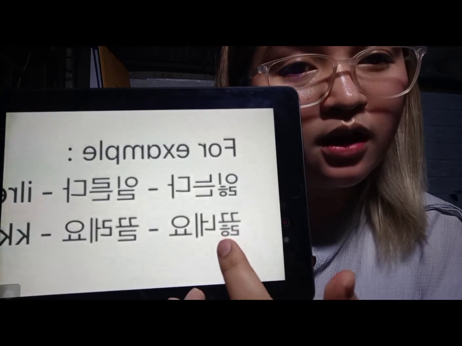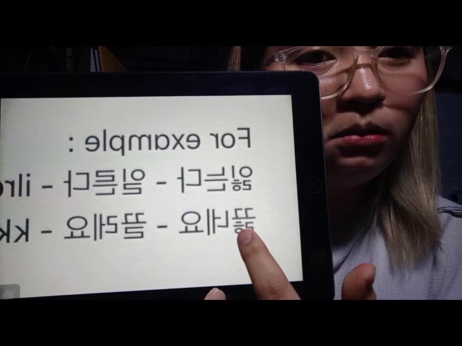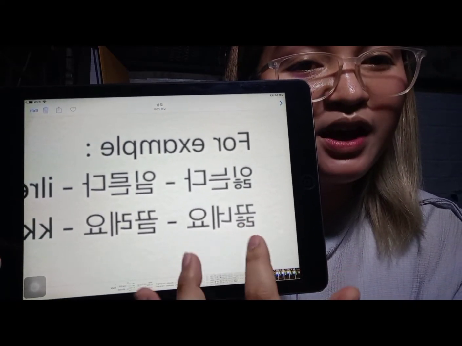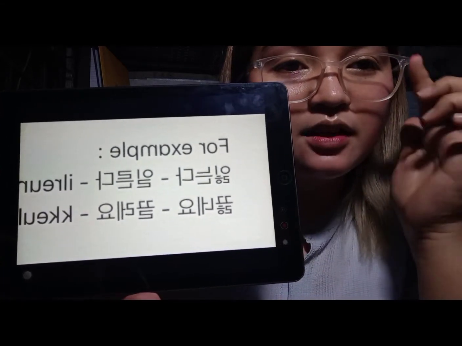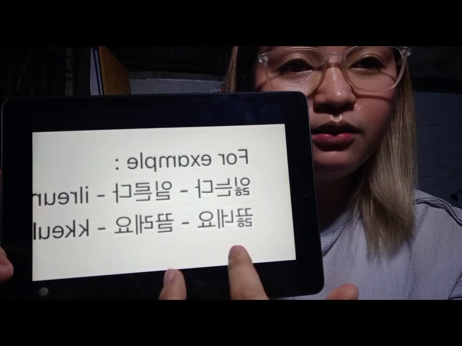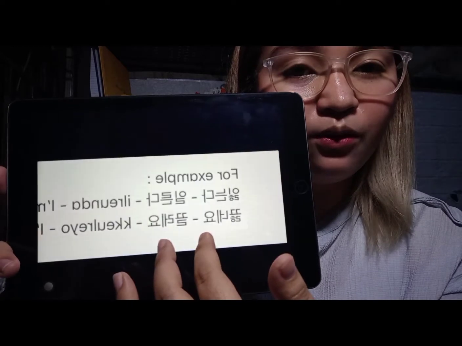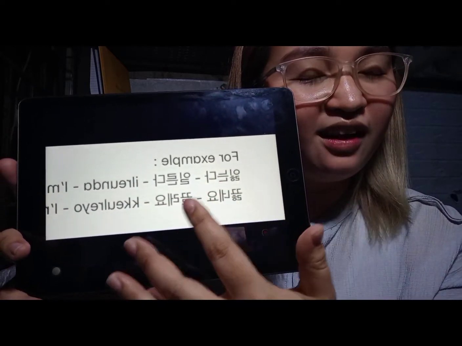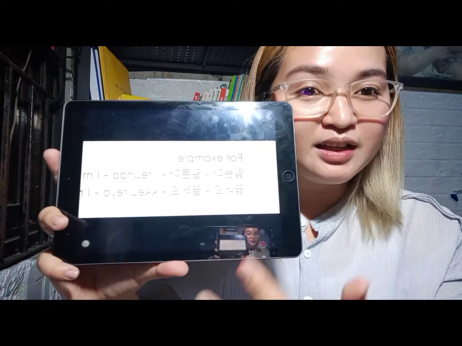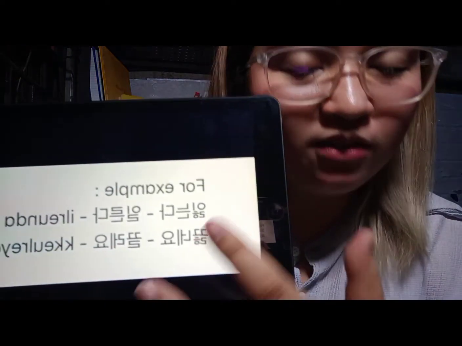Parang mababasa mo siya ng Kulneyo. Pero yung totoong basa sa kanya is Kuleyo. Basta hindi siya Kulneyo. Okay? So, again, that's the rule of the neon hiyut and lil hiyut as a final double consonants.